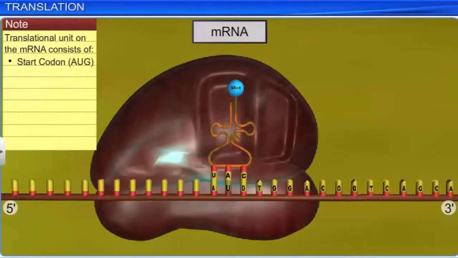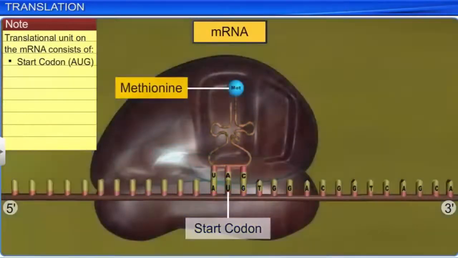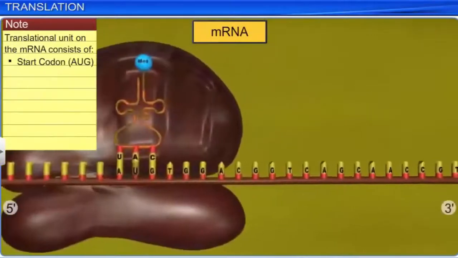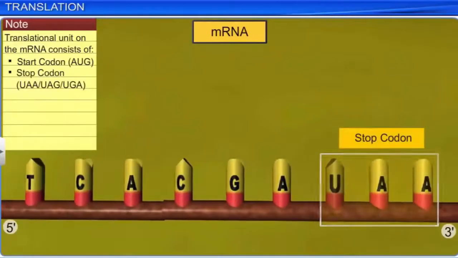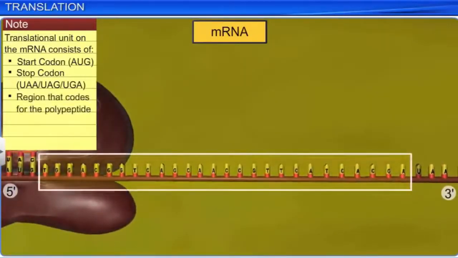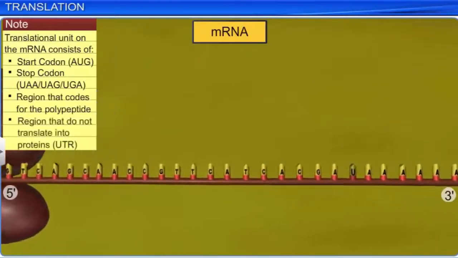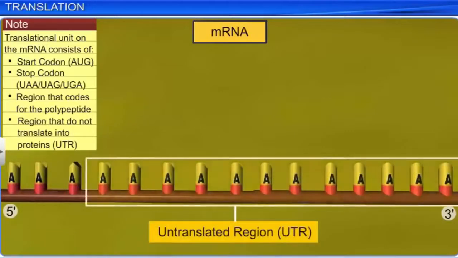Another component in translation is mRNA, which consists of the start codon AUG that codes for methionine, the stop codon, which is either UAA, UAG, or UGA, a region that codes for the polypeptides, and regions that are not translated into proteins called untranslated regions or UTR.